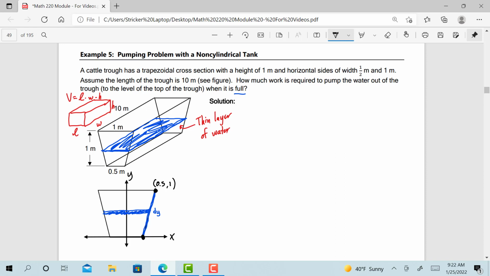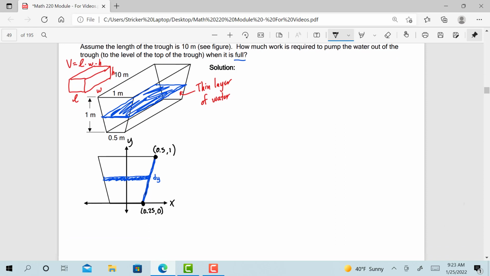Hopefully that makes sense. And then at the bottom here, the bottom of the trough is only a half a meter long, or wide, right? So that means you have 0.25 on each side, so the x-coordinate is going to be 0.25, and then it's right on the x-axis, so the y-coordinate is 0.